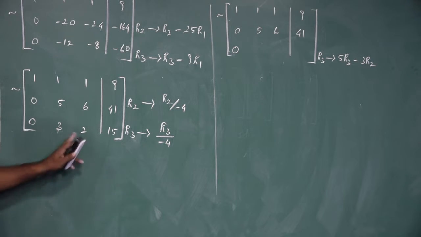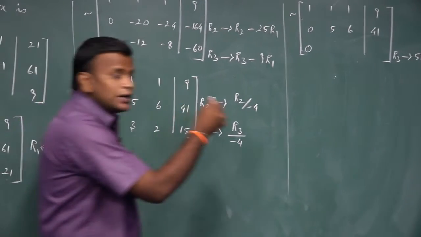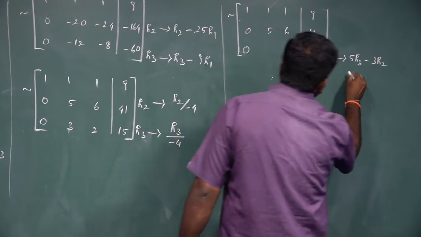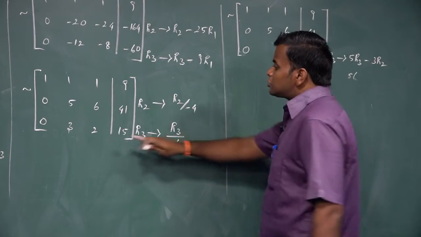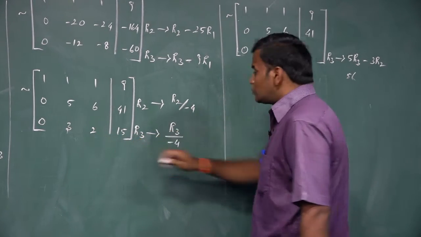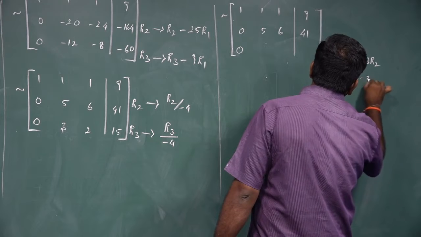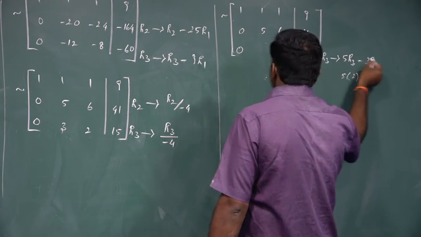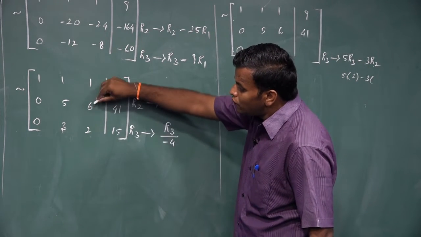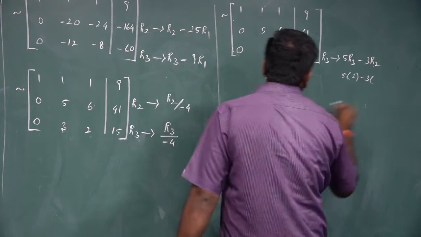Now the element 2. I write briefly, R3 as 5R3 minus 3R2. 5 times the corresponding element of R3, which is 2, minus 3 times the corresponding element in R2, which is 6.